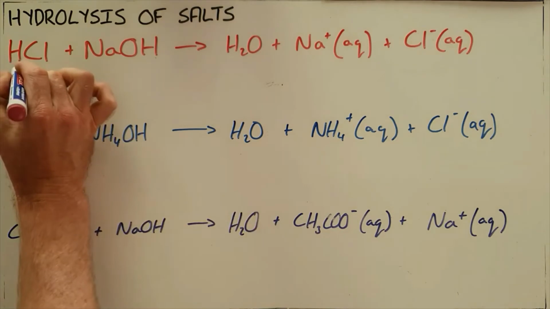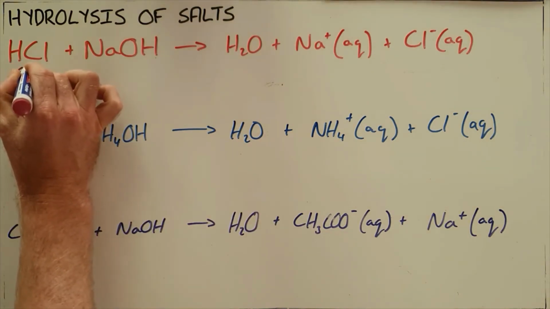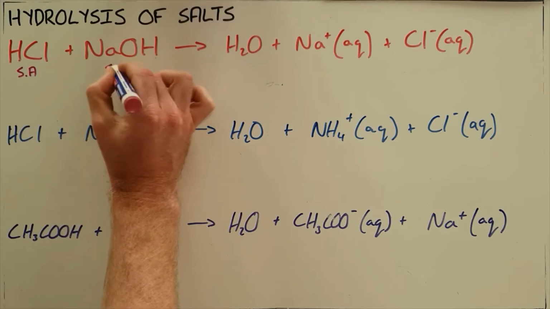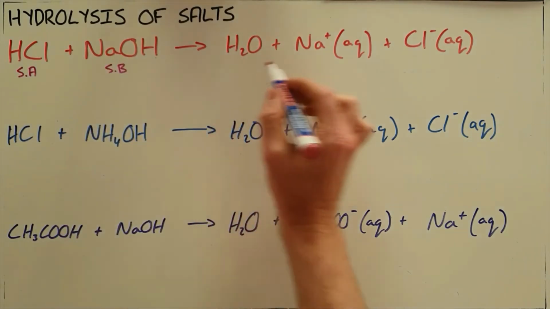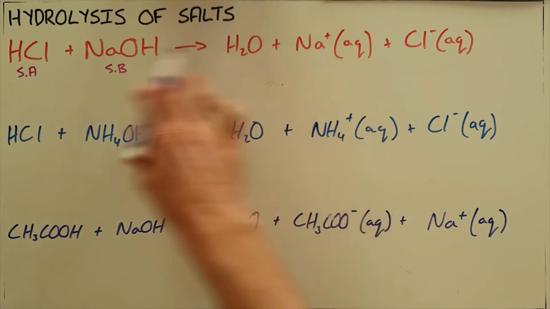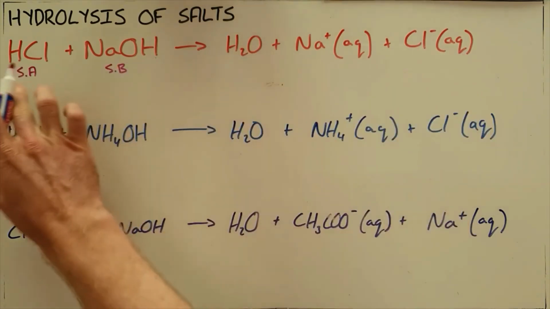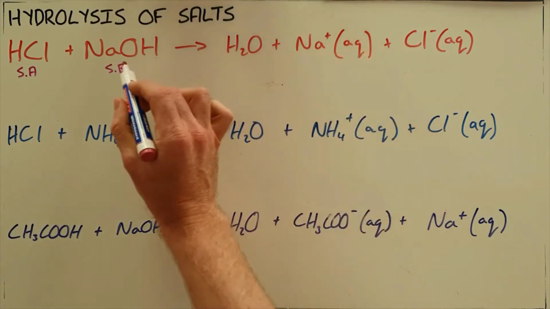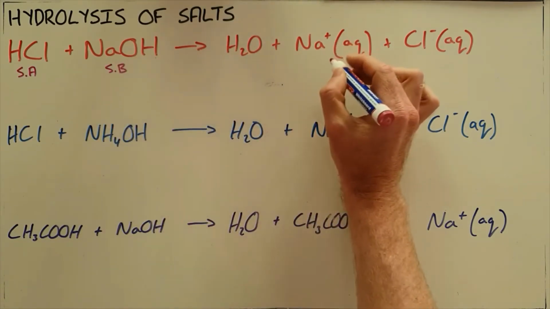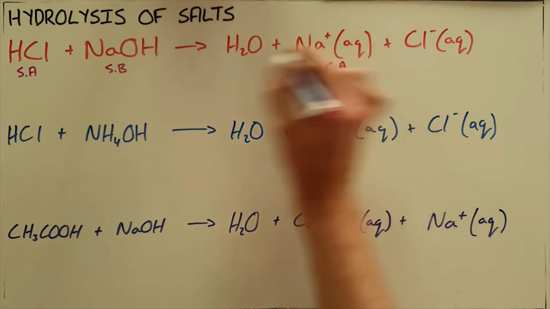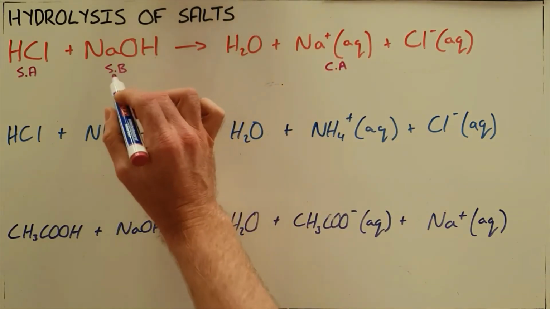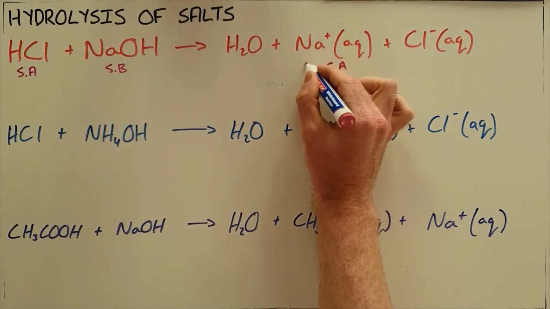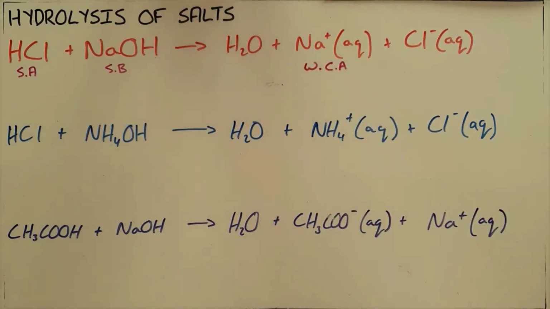The first one is the reaction of a strong acid, hydrochloric acid, with a strong base, sodium hydroxide, to form salt, and a sodium ion that comes from our strong base and a chloride ion that comes from the strong acid. We can therefore say that the sodium ion must be the conjugate acid for this base, and because sodium hydroxide is a strong base, we know that the conjugate acid would be weak.